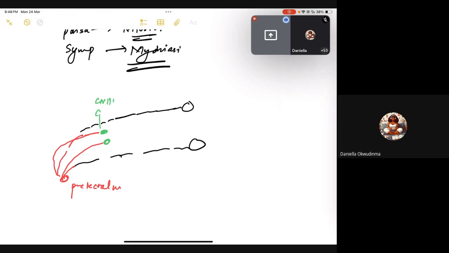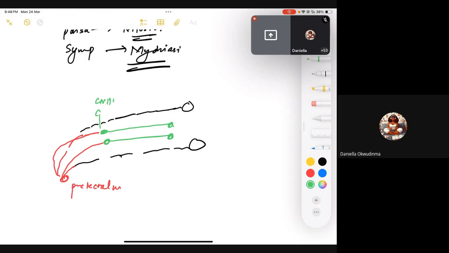From here, the fibers enter the ciliary ganglion, and from the ciliary ganglion we have short ciliary nerves, which innervate which muscle? The sphincter pupillae muscle, and it would cause constriction. Is that clear?